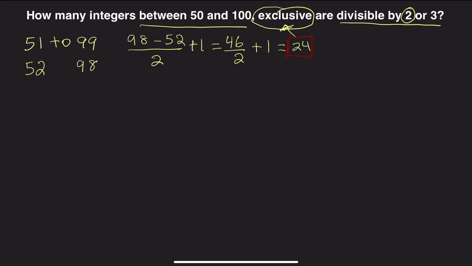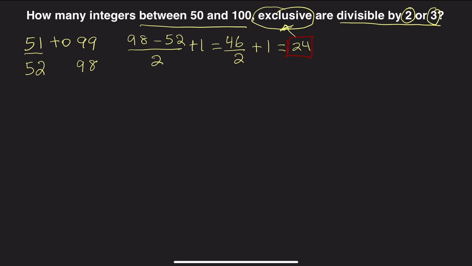Next, we need to find how many integers there are between 51 and 99 that are divisible by 3. We're going to use the same formula. The only difference is that we are dividing by 3 because we are looking for numbers that are divisible by 3 in this range this time around. We have 51, which is divisible by 3, and that's the smallest number that's divisible by 3.